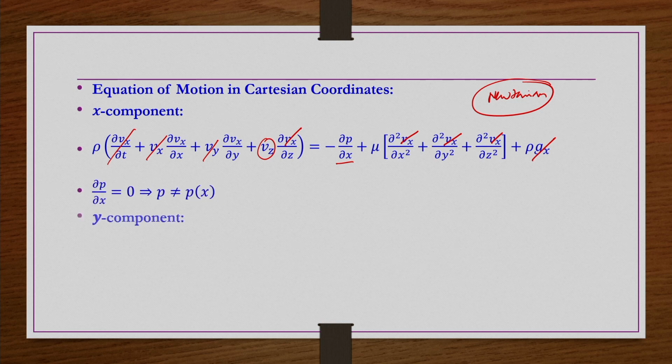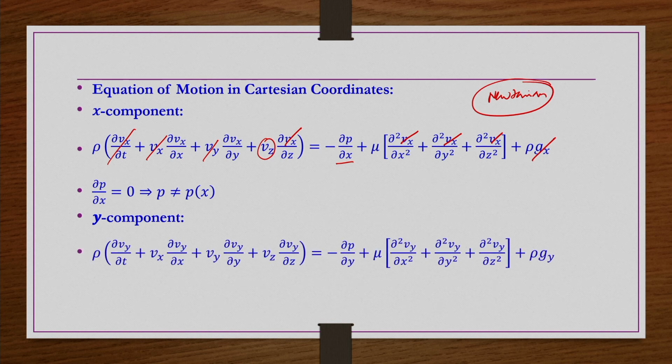Similarly, the y component of the equation of motion, or Navier-Stokes equation for Newtonian fluid, is given here. Steady state, so this term is 0. Vx is not there, Vy is not there, Vz is existing, but Vy is not there. So, here also all the left hand side terms are negligible. Pressure in general we do not have any information.